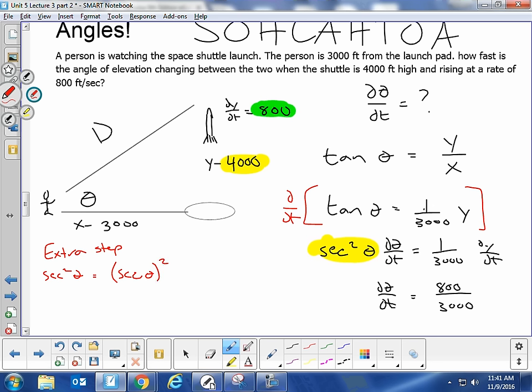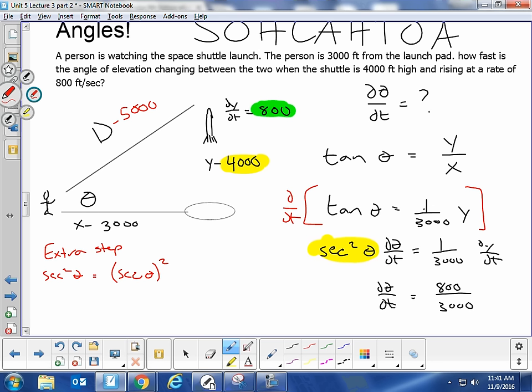Well, actually, since I know a bunch of my side lengths, and if you remember back, at the moment when x is 3,000 and y is 4,000, d is 5,000. Remember that. We can use my side lengths to find the secant of the angle.